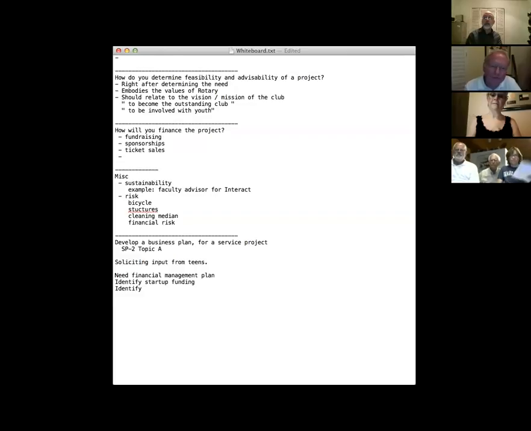Okay, sure. Assess risks of the use of the vacant land versus the use of the building. This includes any costs of renovation, cleanup, and insurability. Cleanup, insurability. There was a third one in there. Renovation.